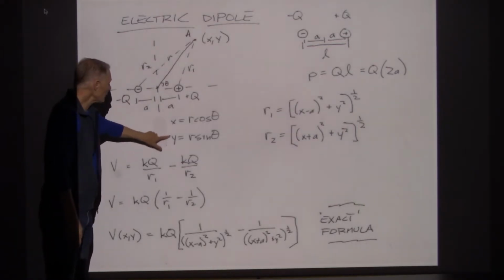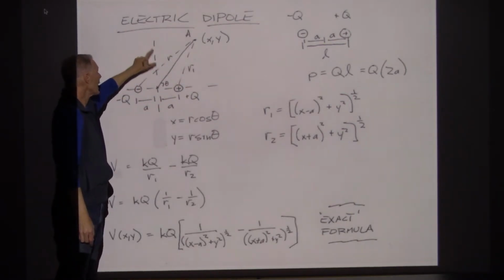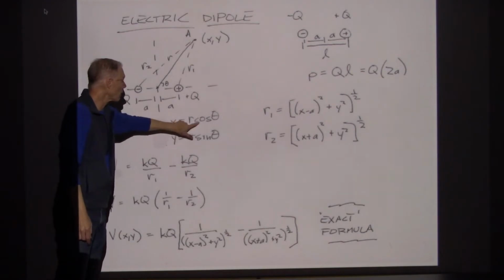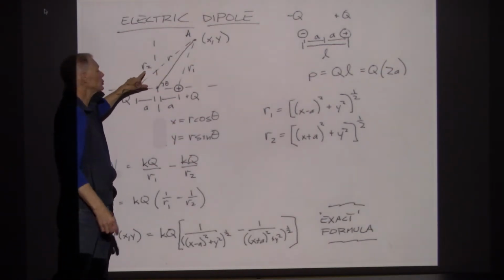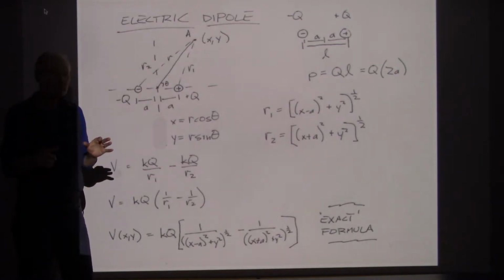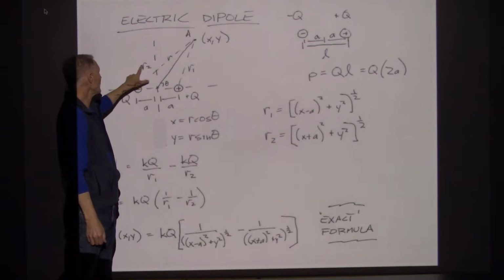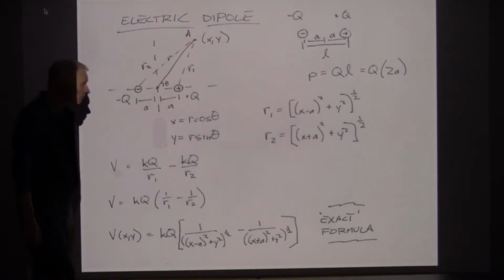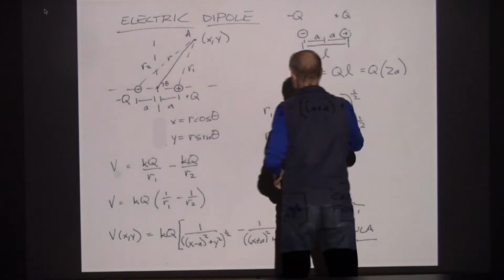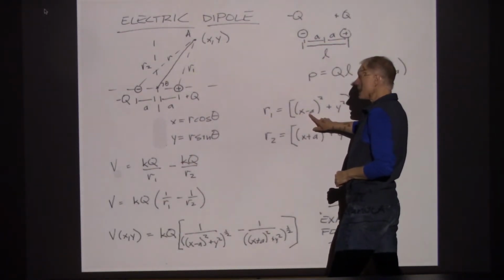Now, switching back and forth between x and y axes and these polar coordinates, that's going to be r cosine theta and r sine theta. Now, r1 and r2 are distances, and r1 is a little less than r, and r2 is a little bigger, and we can actually write those down right here. What we can do is say that distance 1 is equal to x minus a.